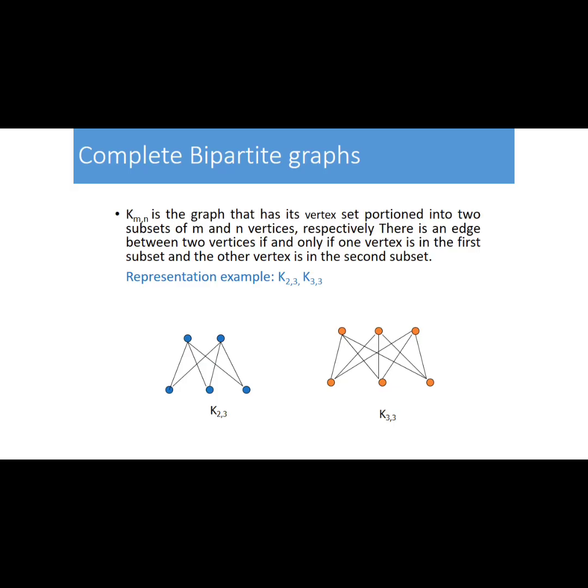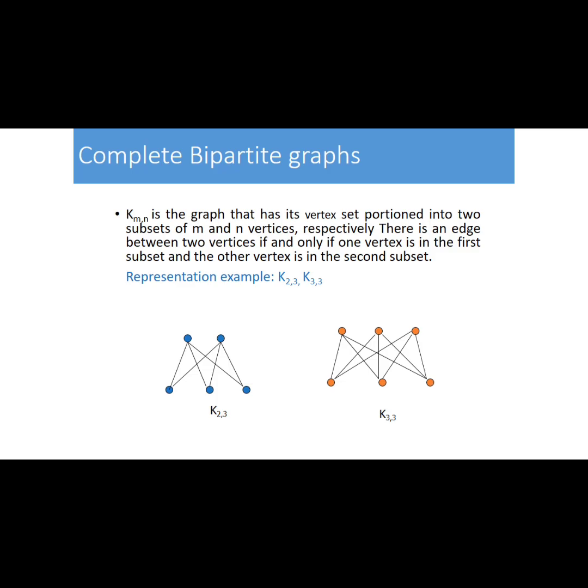The complete bipartite graph is represented by Kmn. It is a graph that has its vertex set partitioned into 2 subsets of m and n vertices respectively. These are also disjoint vertex sets. In this graph, there is an edge between 2 vertices if and only if one vertex is in the first subset and the other is in the second subset, so each vertex of the first subset is connected with all the vertices of the second subset. The first subset means V1 and the second subset means V2. In Kmn, m represents the first vertex set and n represents the second vertex set.